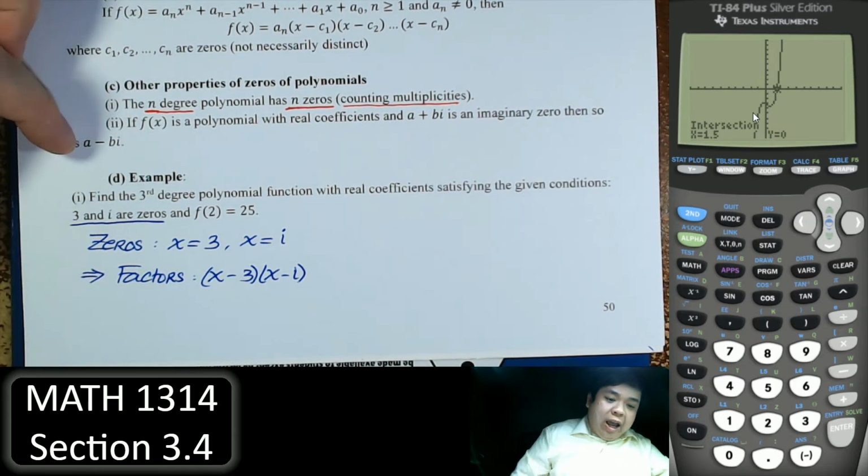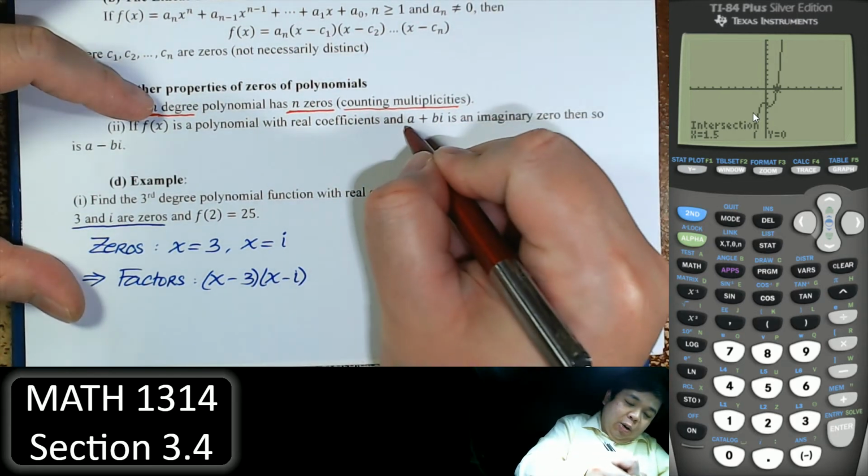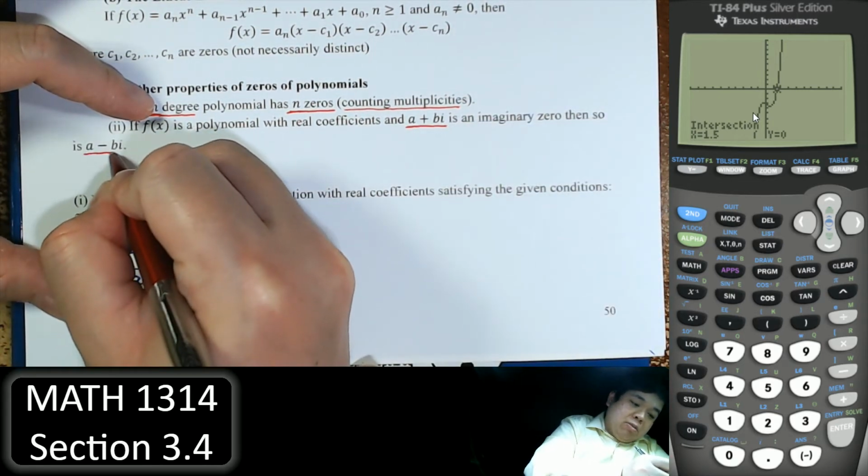Now what we have is, if a plus bi is a zero, then a minus bi is a zero.